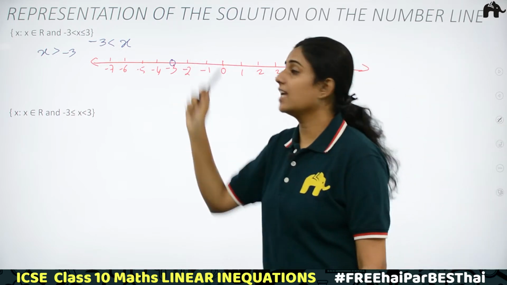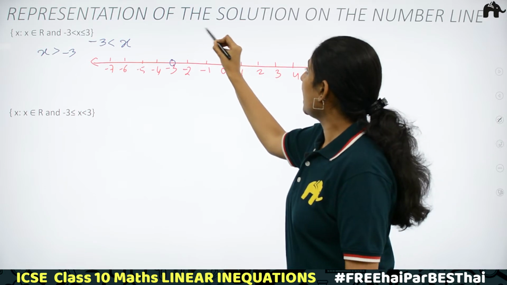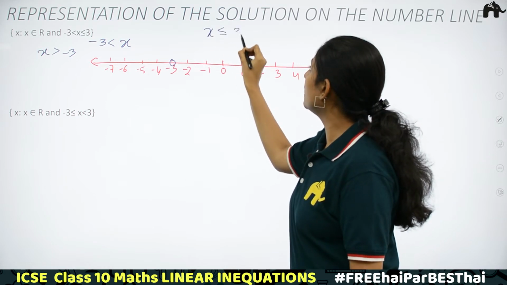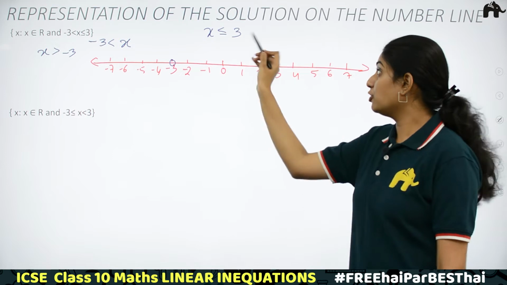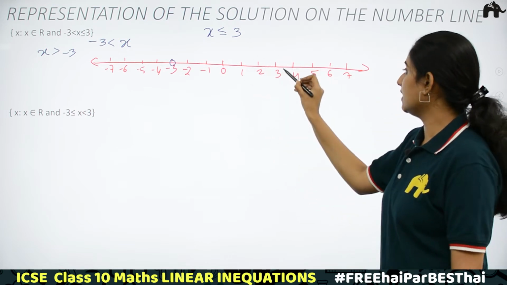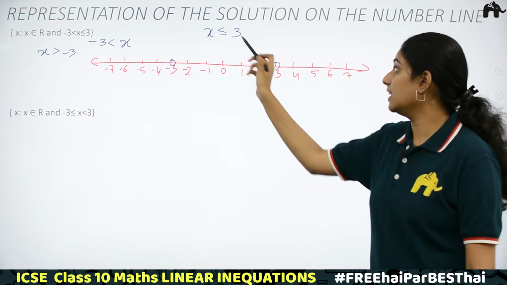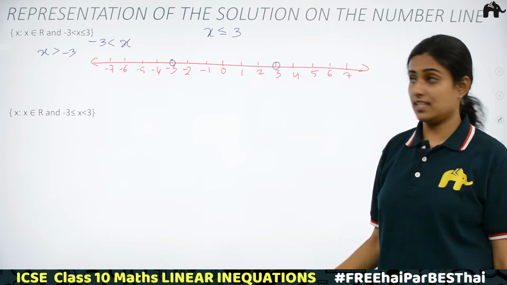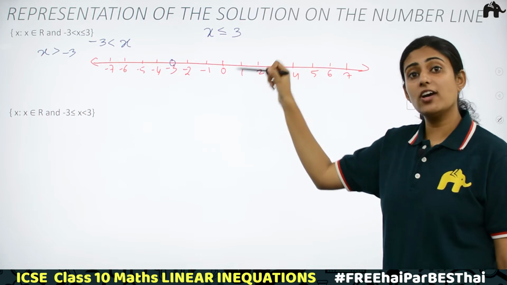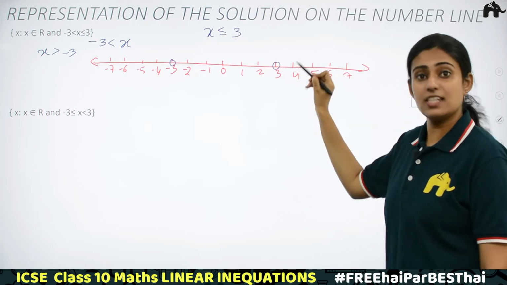Now, check the second condition, that is x less than or equal to 3. We have to find the point 3. Here we have 3. Hollow circle or darkened circle? Here it is a non-strict inequality, which means this point is also included. 3 is included.